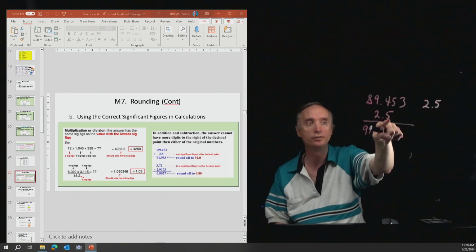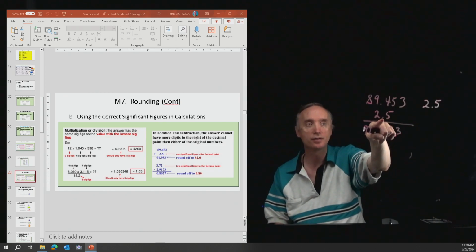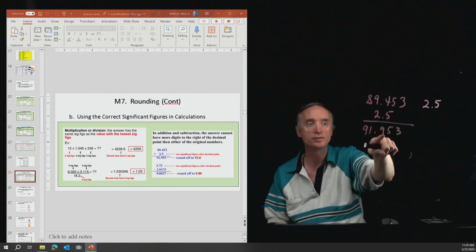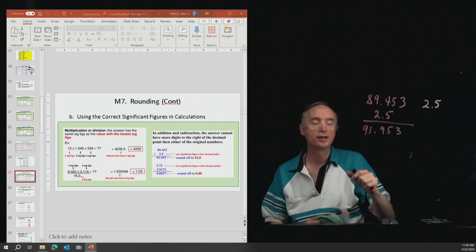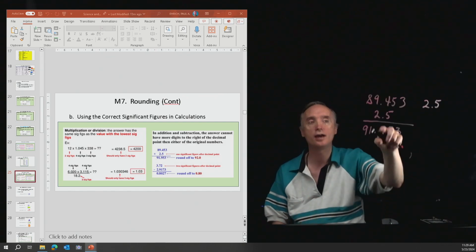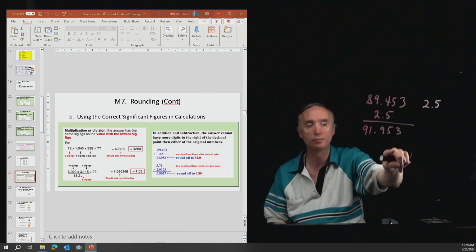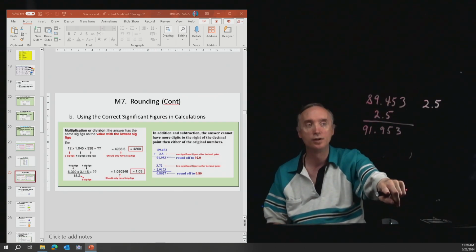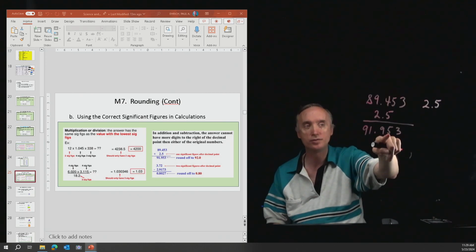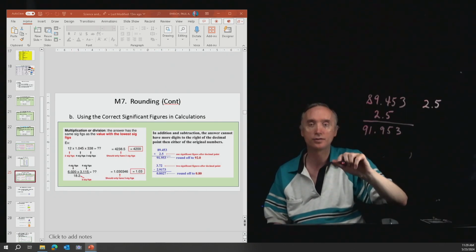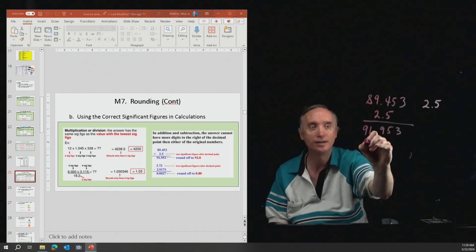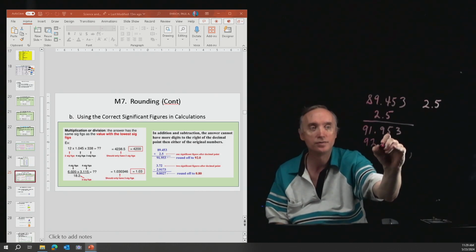So there's only one number on this side of the decimal point, so that means that we need to round. Now there's a special technique if you have a whole bunch of numbers and you're rounding them. So normally you always round up. So if this is a 5, then you're going to round up in that case, and so this turns out to be 92.0.